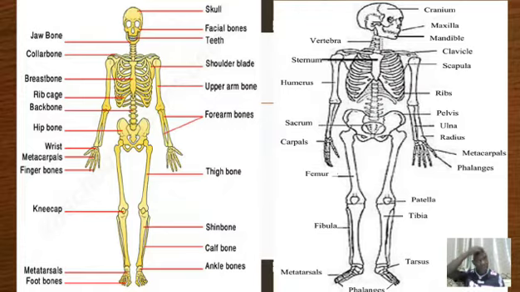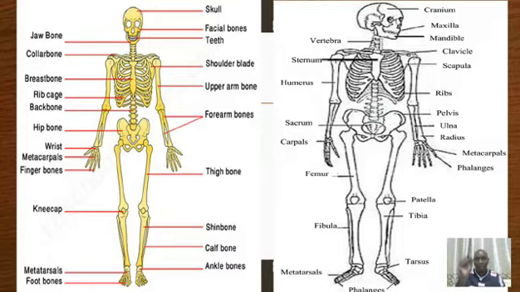The image on one side is labeling parts, and the image on the other side shows the alternative names of those parts of the skeleton. That is why we are calling this the skull, and we can as well call it the cranium.